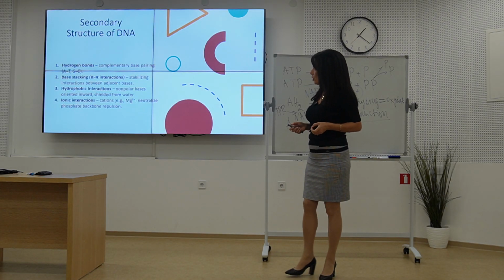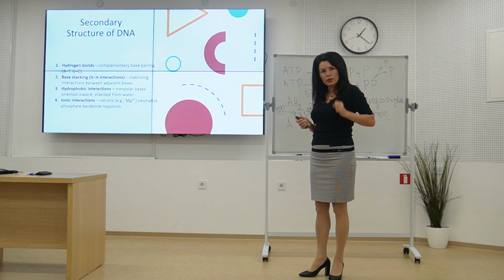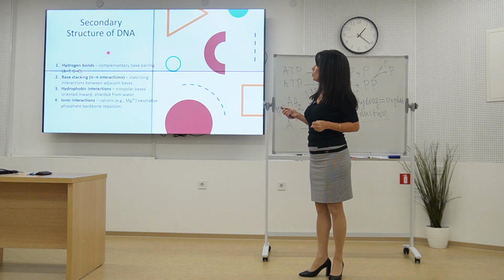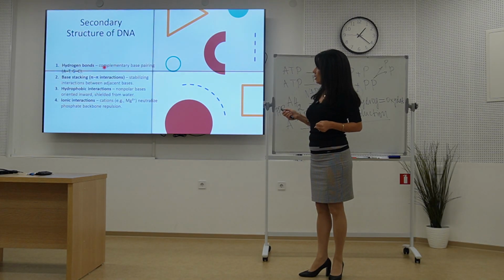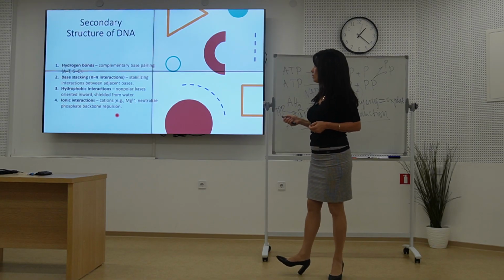The secondary structure of DNA refers to hydrogen bond formation between complementary bases. The so-called base stacking or pi-pi interactions stabilize the interaction between adjacent bases, along with hydrophobic interactions and ionic interactions with the participation of magnesium, which neutralizes the phosphate backbone.